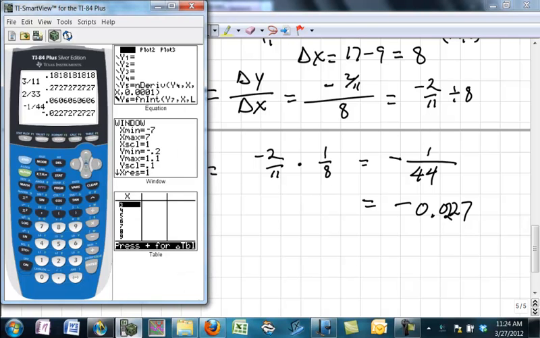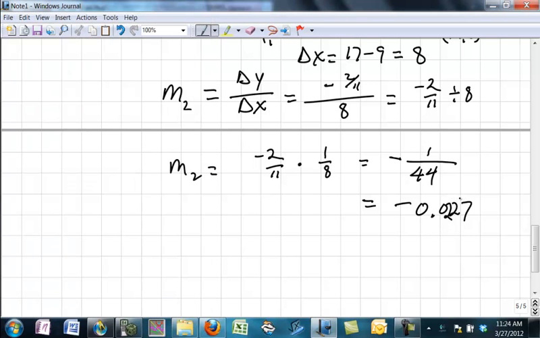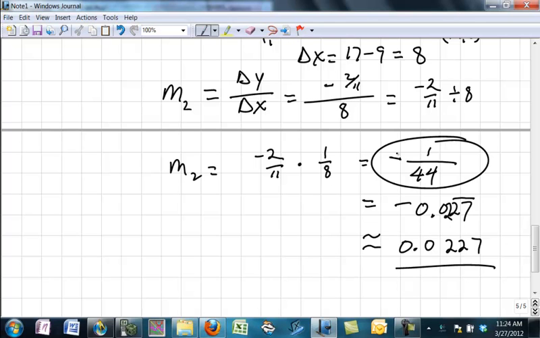So 27, 27, 27. So that's where it is exactly, or if we round it off to just 4 decimal places, 0.0227. The next one's a 2. So that's what we're going to enter for the value in the computer. But the actual value is, we're going to use a fraction. 0.0227 would be the answer that we put here.